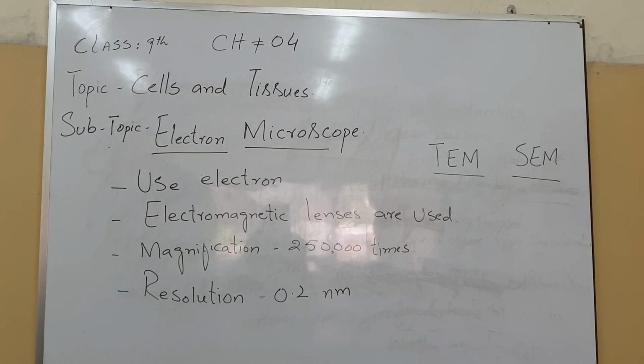While in the scanning electron microscope, the electrons are reflected from metal surfaces, and it is used for the structure of cell surfaces, meaning any material that is present outside the cells can be studied through SEM or scanning electron microscope.